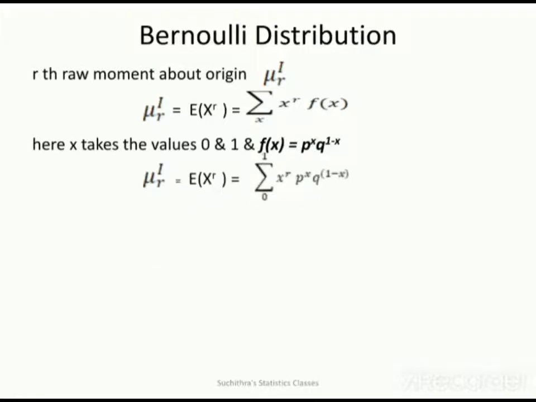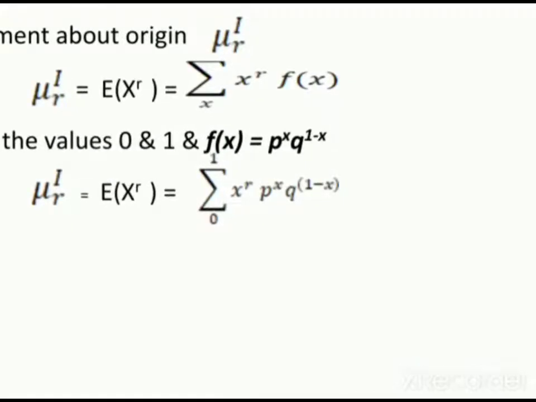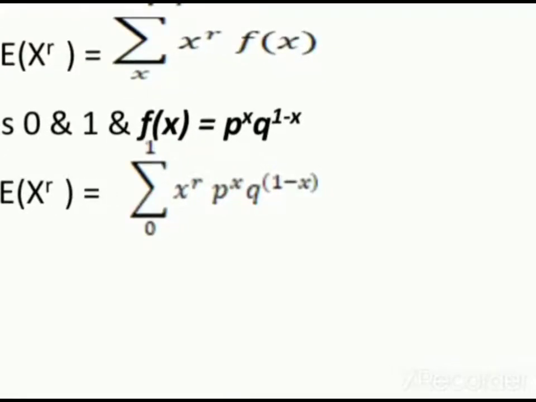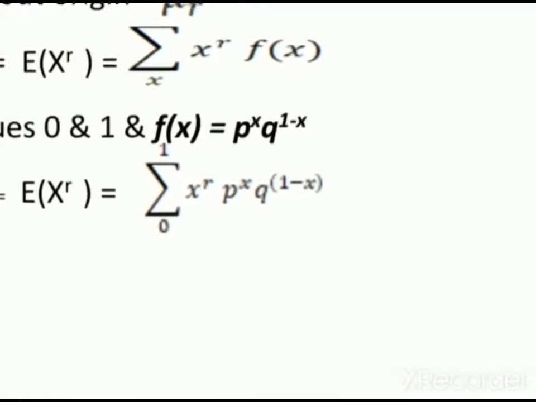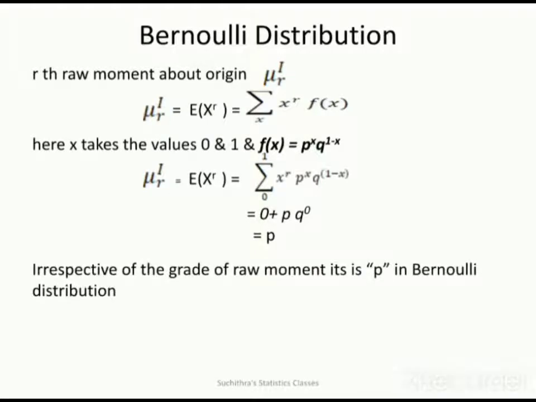Therefore, mu r dash is equal to summation 0 to 1 of x raised to r p raised to x q raised to 1 minus x, which is equal to p. Irrespective of the order of the raw moment, it is p in Bernoulli distribution. That is a speciality.